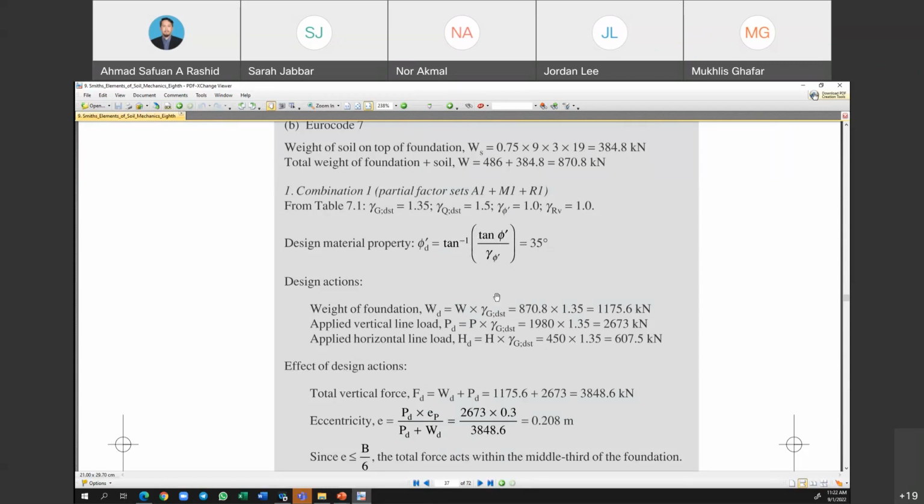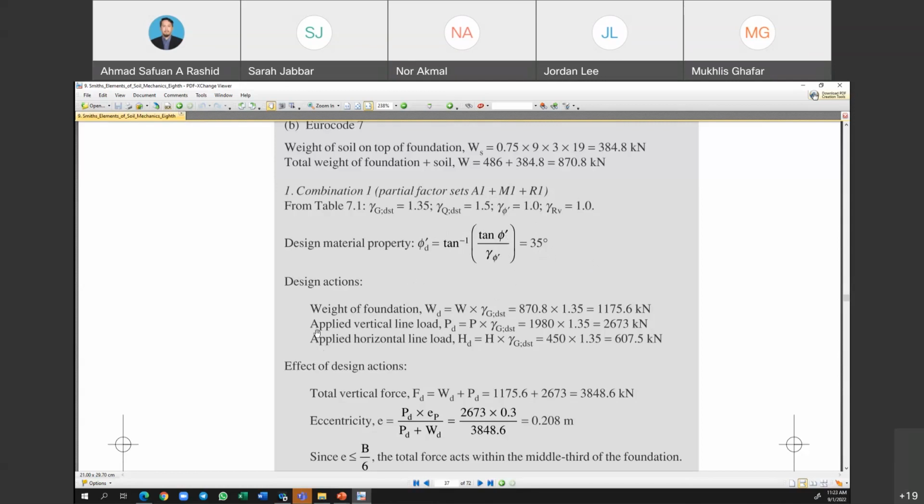So try to use a calculator. If you miss this, you would just straightforwardly divide 35 by 1.25. So what will be the difference? We will see later, on combination number 2.